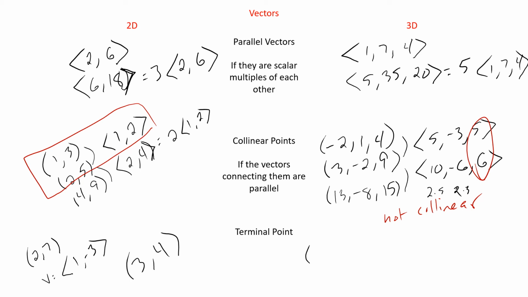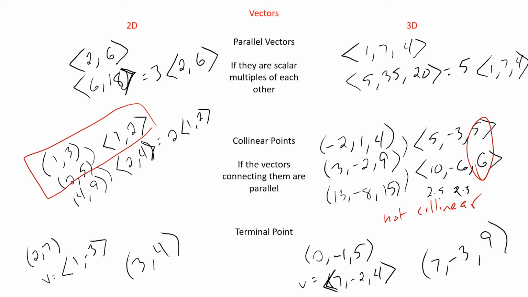If the initial point is (0, -1, 5), and the vector is (7, -2, 4), then the terminal point would be 0 plus 7 is 7, negative 1 plus negative 2 is negative 3, 5 plus 4 is 9.